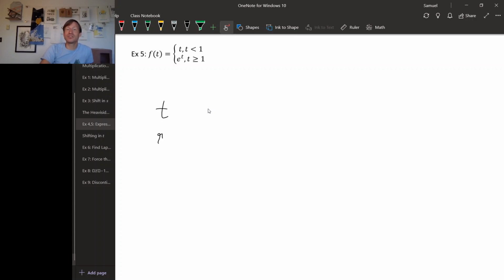And the step function that turns on at t equals 1, well, that's the regular step function, but it's shifted to the right one. So what we need to make happen at t equals 1 is we need to cancel off this t. So we need to subtract t, but we need this subtraction to happen at t equals 1.